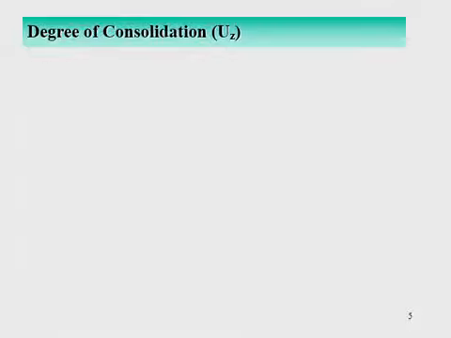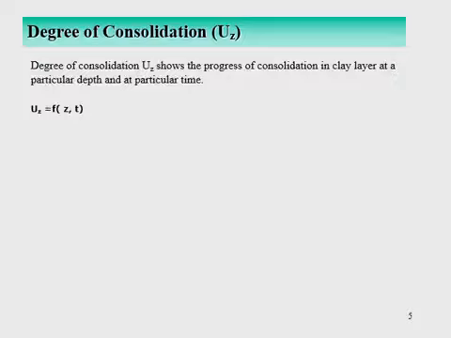So in this connection, let's define what is the degree of consolidation, right? This is represented by UZ, capital UZ. Degree of consolidation actually shows the progress of consolidation in a clay layer at a particular depth and at a particular time.